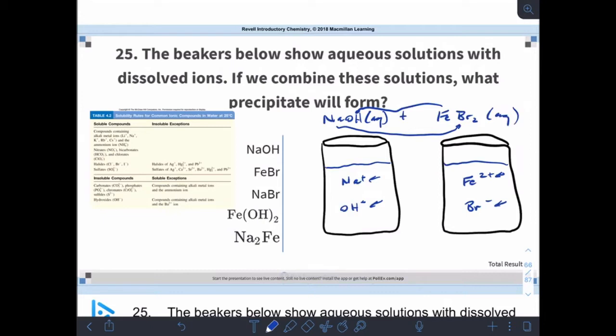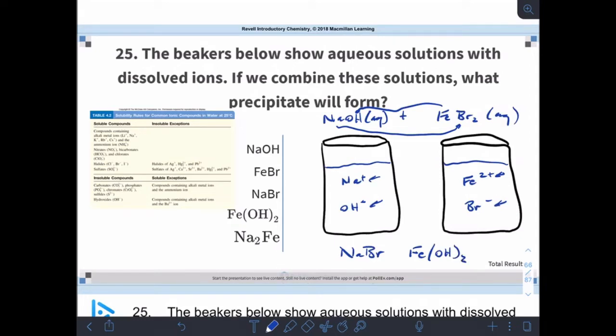Okay, so let's take a look at our solubility rules, small as they are, and see if we can figure out what's going on. Our two compounds will be sodium bromide and iron hydroxide, and it's iron 2.